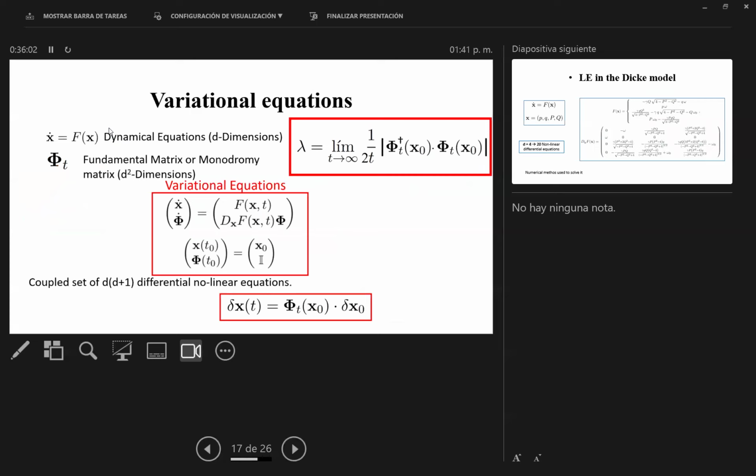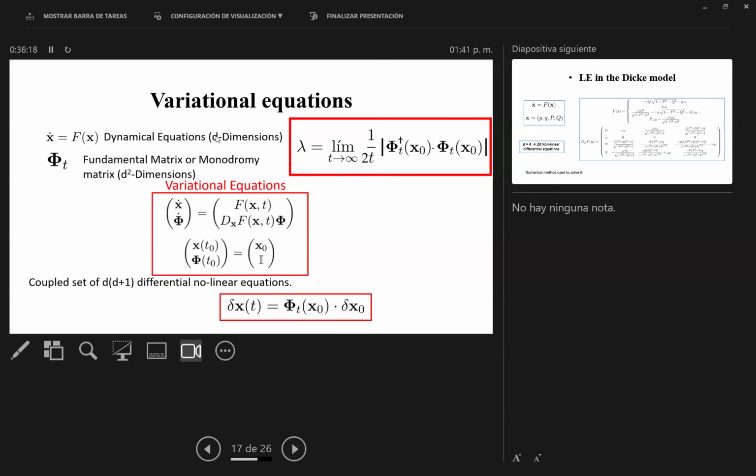Exactly. Now I will explain something about the variational equations to get the Lyapunov exponent using a matrix called the fundamental matrix or the monodromy matrix.